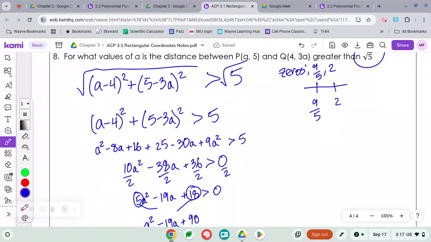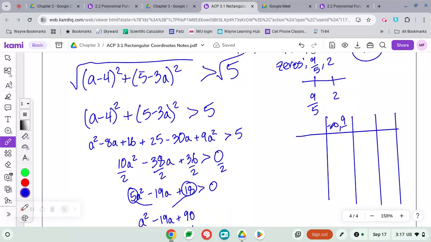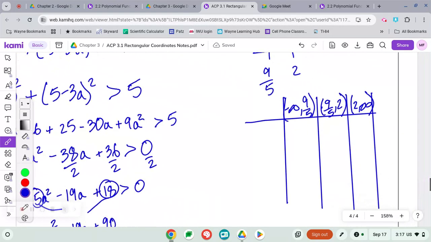So I need to set up my t-table, or not my t-table, my sign table. So negative infinity up to 9/5. If you want to change that to 1.8, you can. Then 9/5 to 2. This one then ends up being 2 to infinity. And what do I care about?